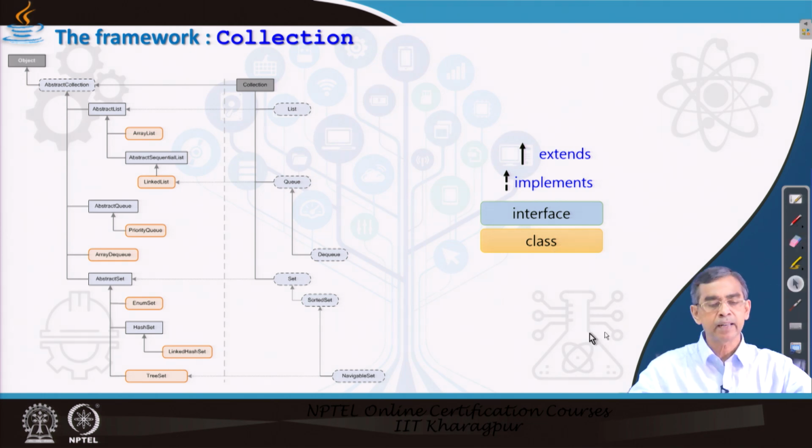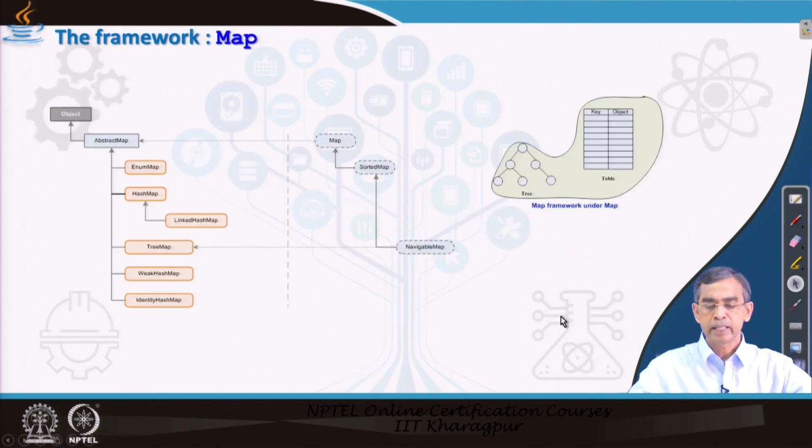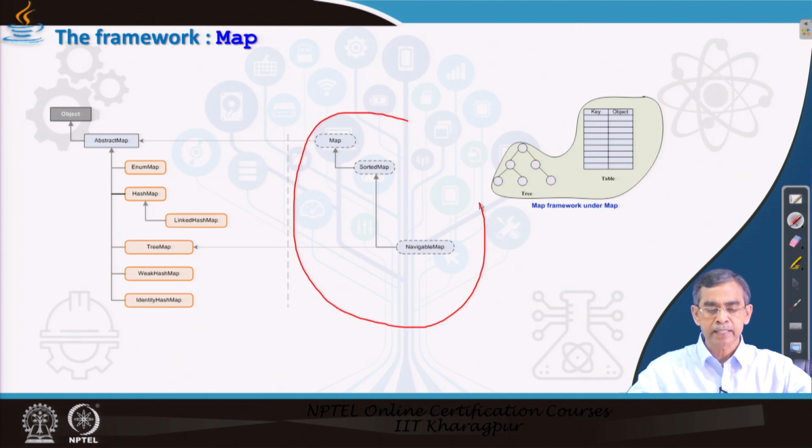Now, this is the collection, and likewise the map framework. It basically supports the implementation of tree and table, and it has a number of interfaces like map, sorted map and navigable map, which are implemented by different classes. For example, tree map is implemented by a class that implements navigable map.